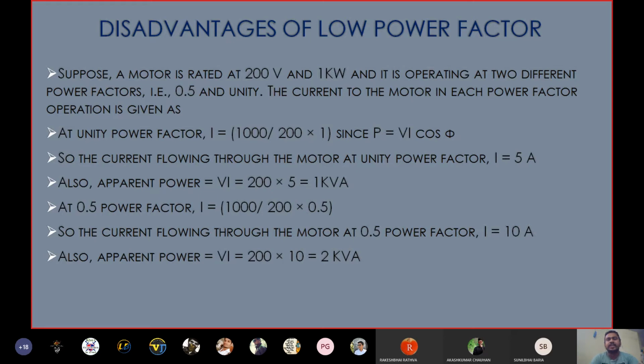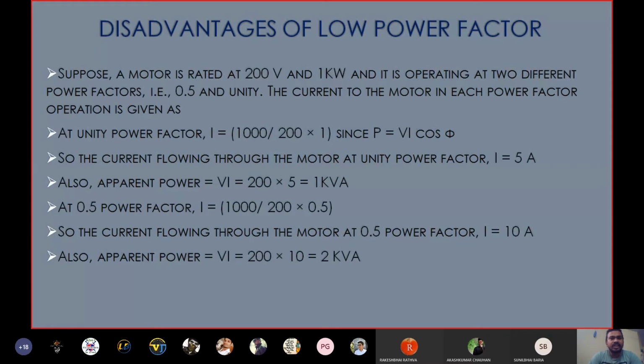The current to the motor in each condition is given as follows. If we assume the motor operates at unity power factor, what is the current taken by the motor?